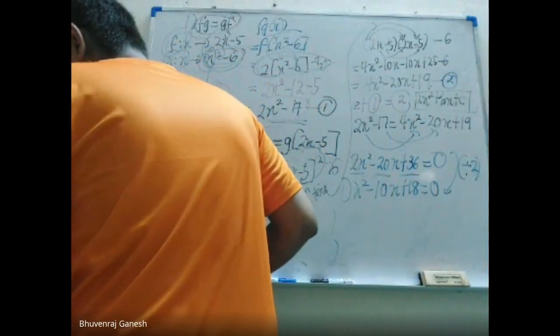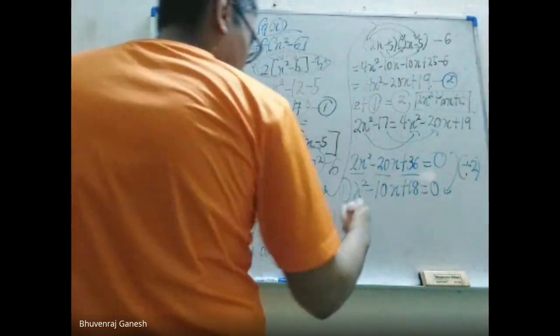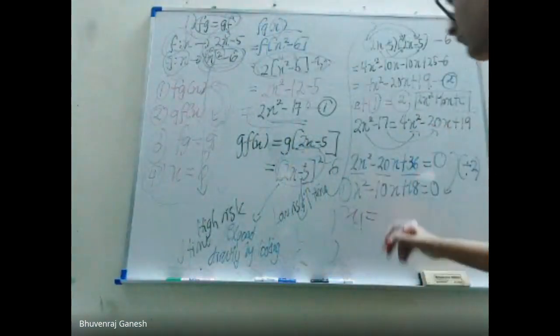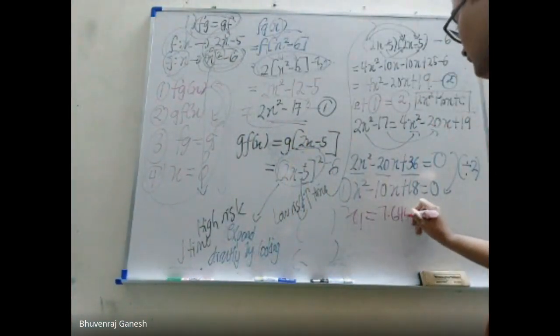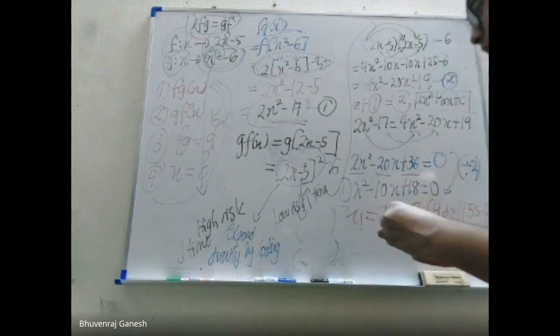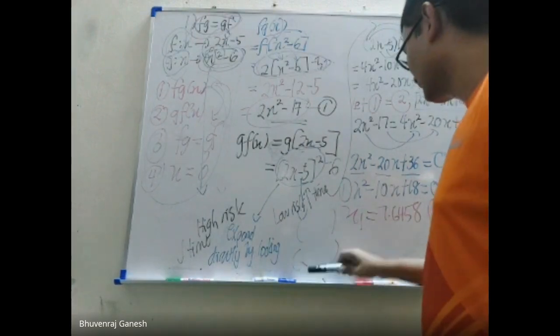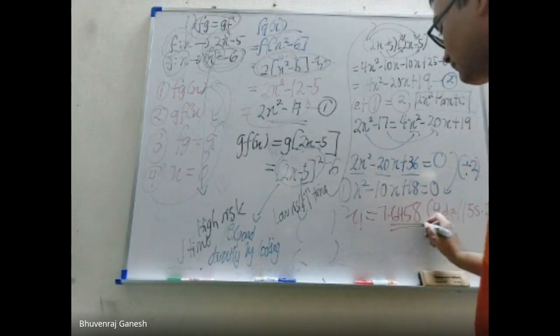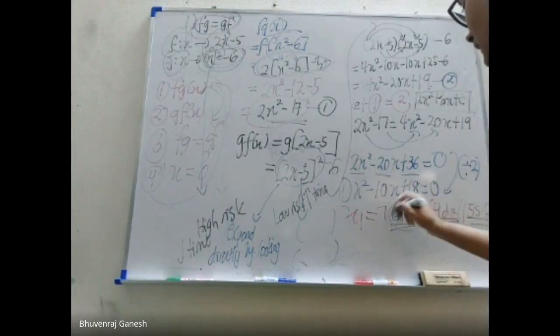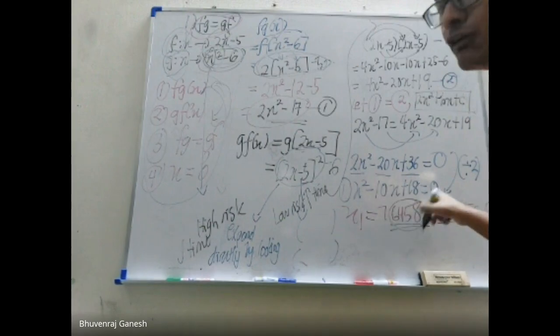After that it's the same thing. You will get one of your x values as 7.6458, if you try in your calculator. Most preferably, you leave it in 4 decimal places and 5 significant figures. I hope you know what decimal place and significant figures are. Decimal place means how many numbers at the back, so you have 4. 5 significant figures because I have 5 numbers here, 1, 2, 3, 4, 5.